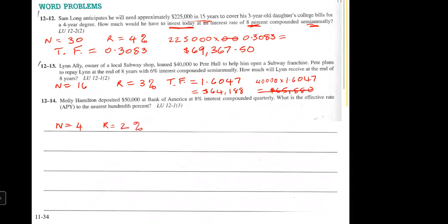All right. So this is compound interest, that's future value. So the table factor then is equal to what?